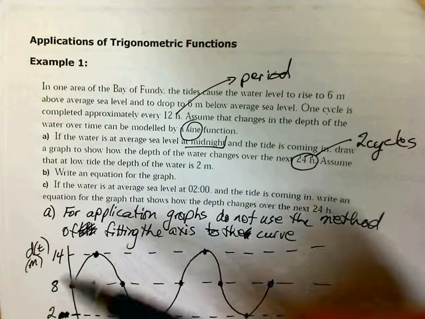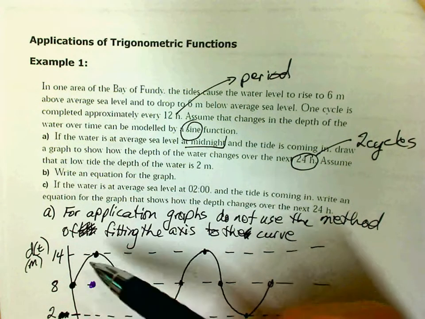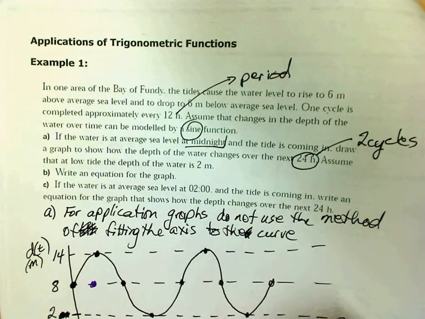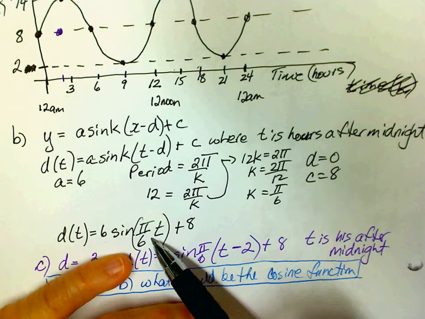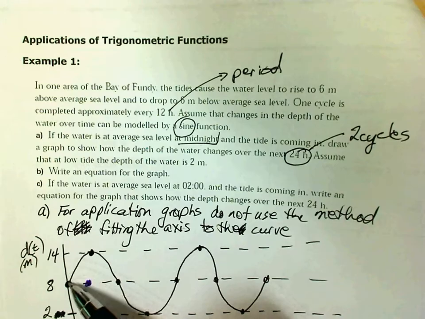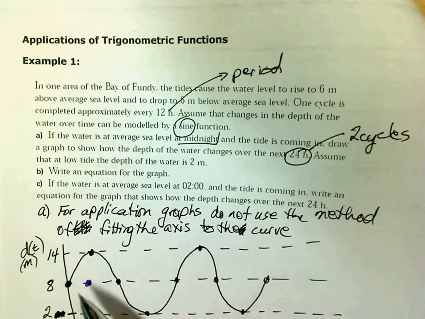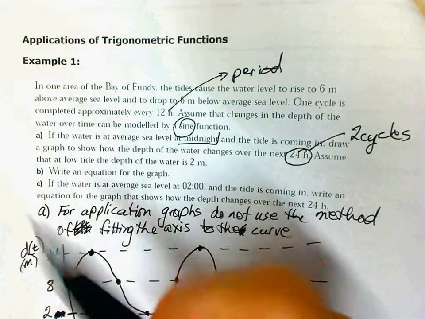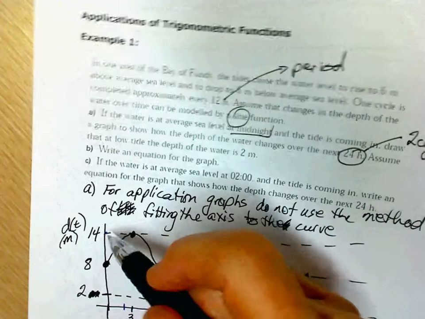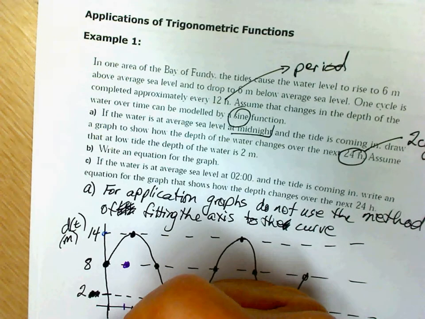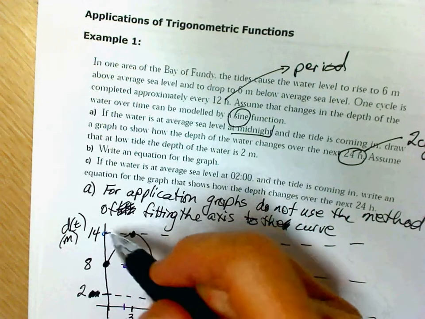We're applying it to the equation in part B. So on the sine function, there was no phase shift. So if we want to make a cosine function out of this, there's a phase shift, right? Because normally cosine starts, the max starts at the origin, right? But it's shifted how many hours to the right? 3, right?